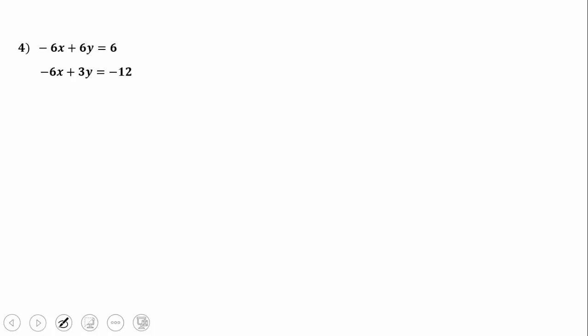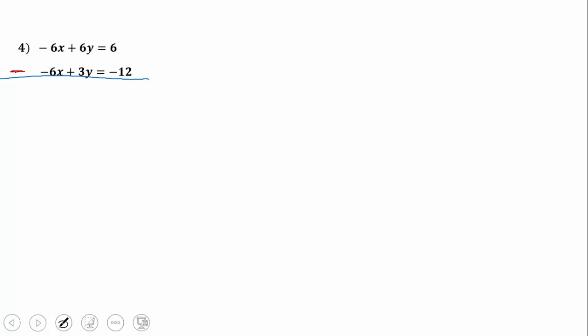Going to our next one, negative 6x plus 6y equals 6, and negative 6x plus 3y equals negative 12. Once again, I look. I've got to either add or subtract these to eliminate. And I see that my x term has the same coefficient of 6, and they also have the same sign of negative. If they have the same sign, then we end up subtracting.